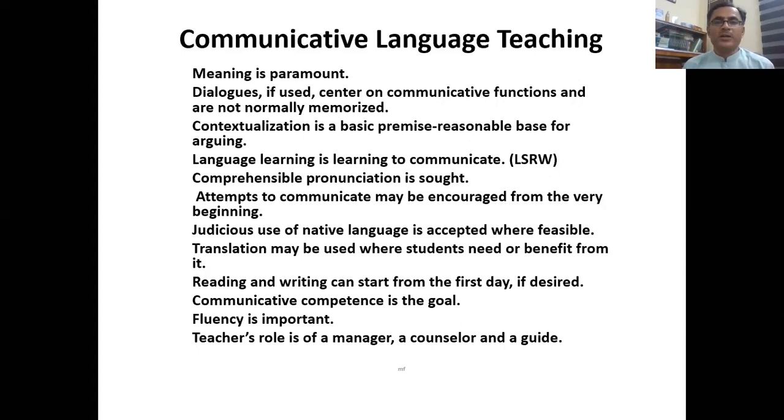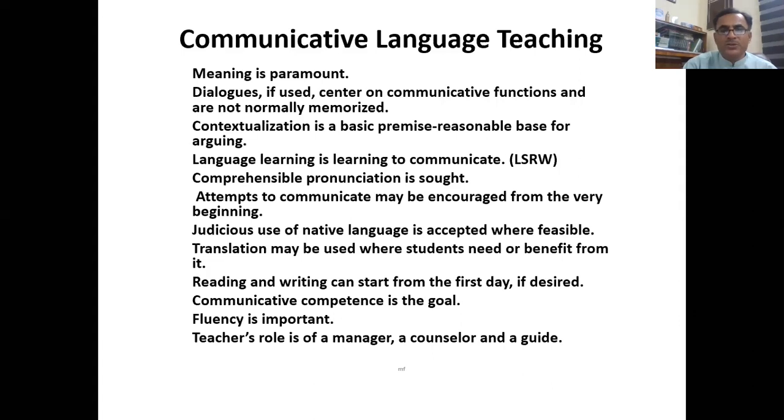Dialogues centered around communicative functions are not normally memorized. Contextualization, for the first time in the history of English language teaching, becomes the very foundation for learning this language. You can never learn a language without contextualizing it. Language learning is learning to communicate through listening, speaking, reading, and writing.